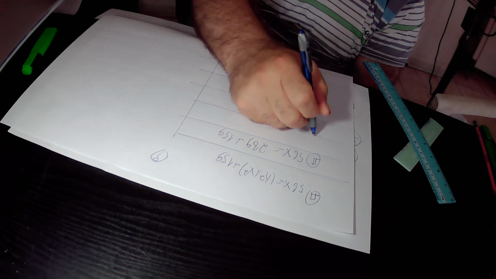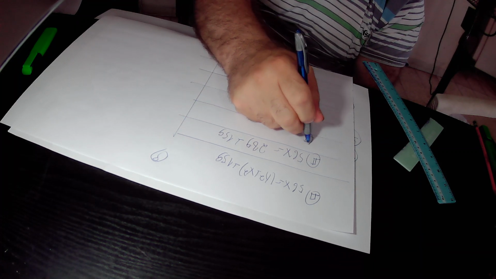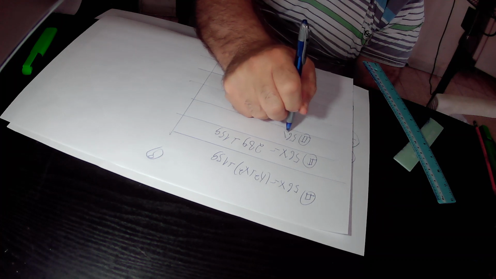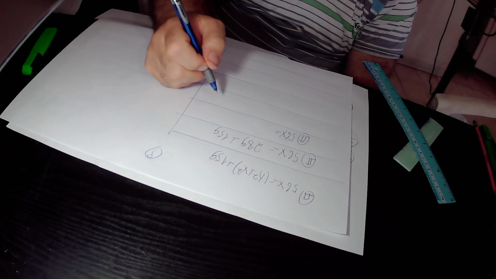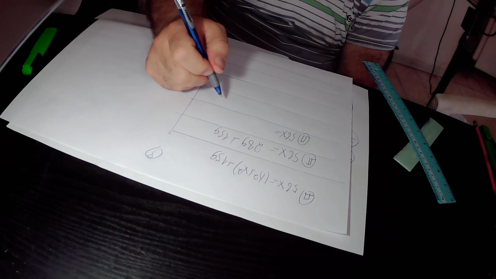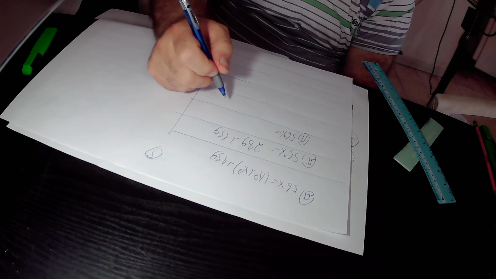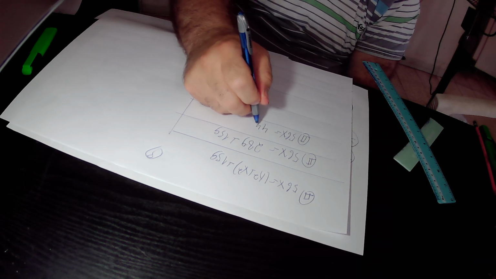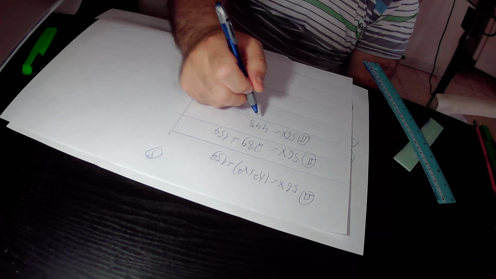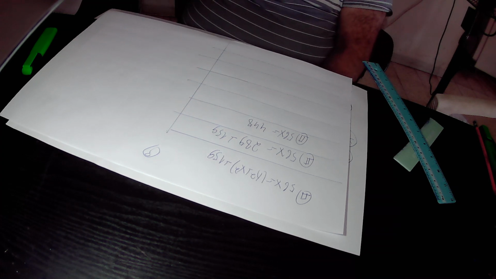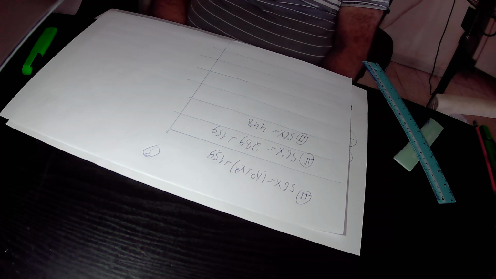So in total, according to equation 2, 56x equals 289 plus 159, which is 448. So we found out that according to equation 2, 56x equals 448.